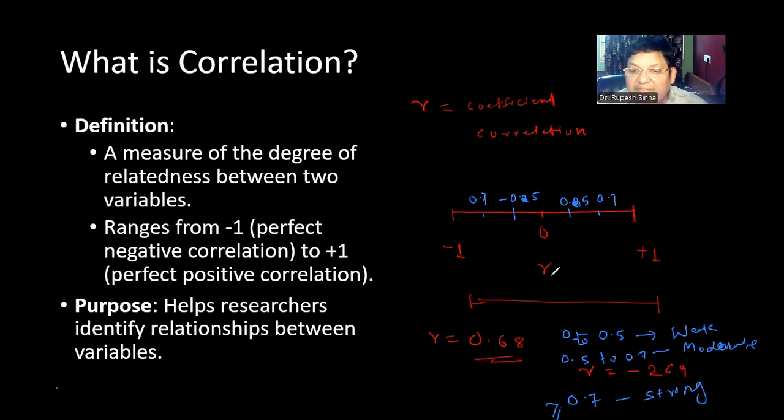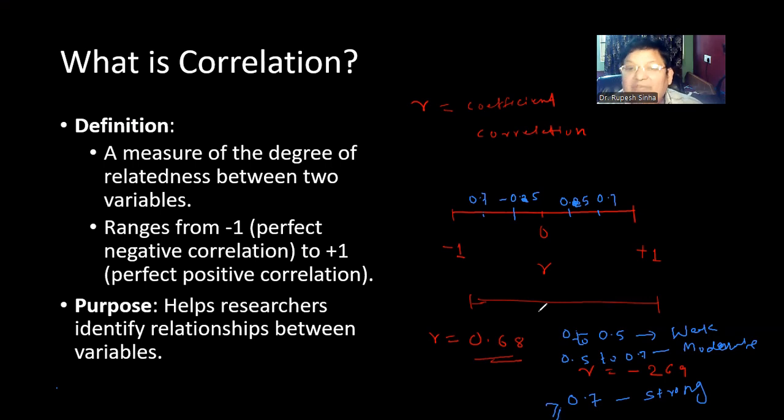So whatever value of R you get, if the value is between 0 and 0.5, we will say the correlation is weak. If the value of R is between 0.5 and 0.7, we will say the correlation is moderate, and if you get 0.7 and above, we will say it is strong correlation. Now if a negative value is coming, you will say negative correlation, and if it is positive, we will say it is positive correlation.